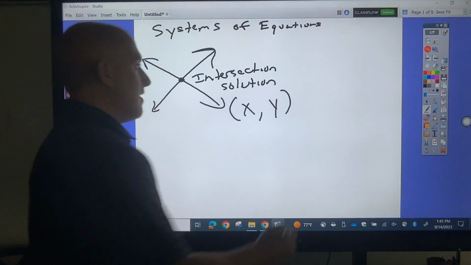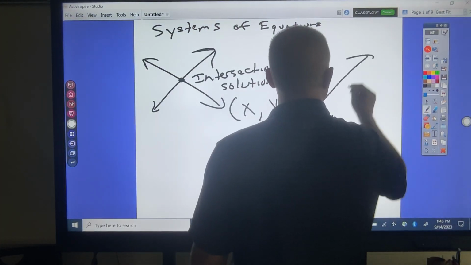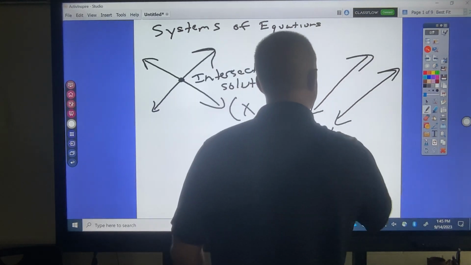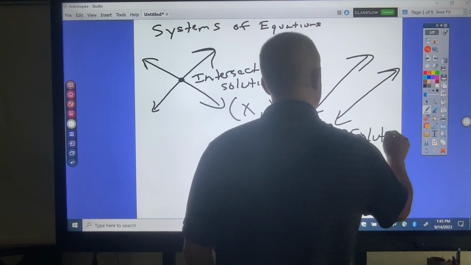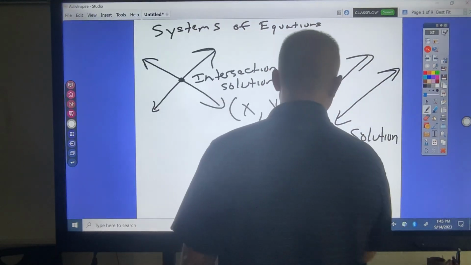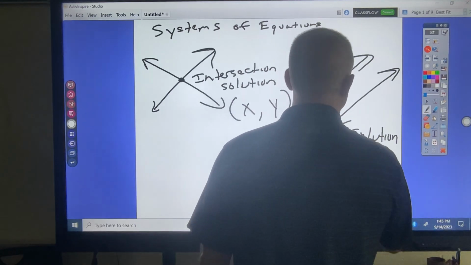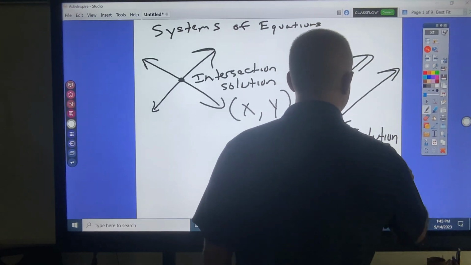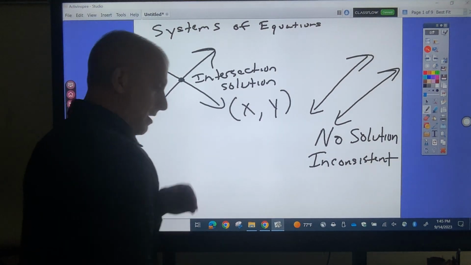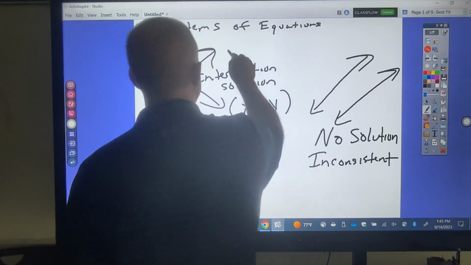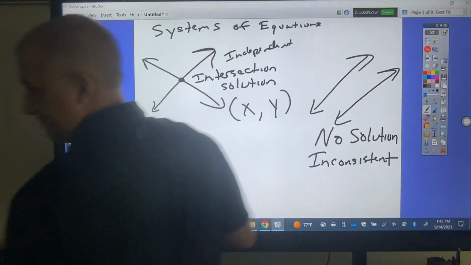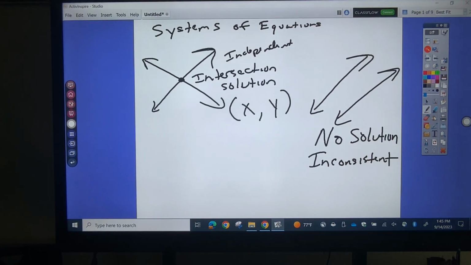Now, if you're asked to find the system, and it's two lines that never touch, that's going to be no solution, and oftentimes they call that an inconsistent system, because there's no answer. If you have one where the lines cross, that is called independent.